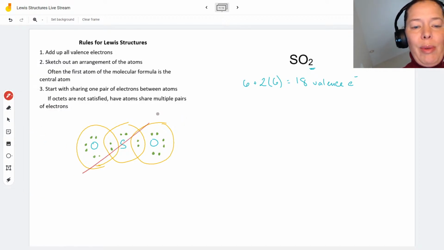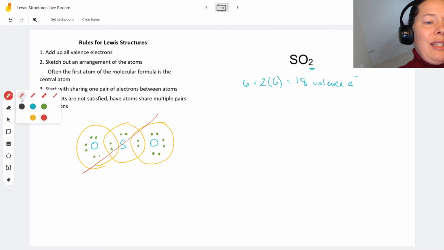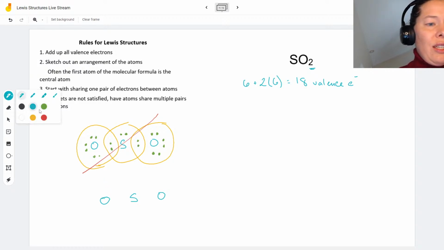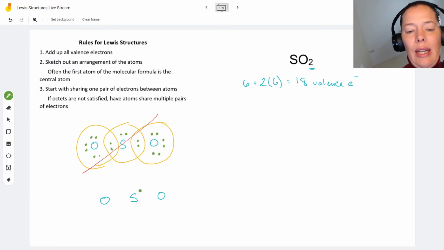Okay, so let me make sure that one is not valid. Let's start over with our sulfur and our oxygen and our oxygen. And I'm going to make the sulfur-oxygen bond on the right a double bond. So they are going to share 4 valence electrons, but I'm going to keep the one on the left a single. So now I have used 6 electrons.